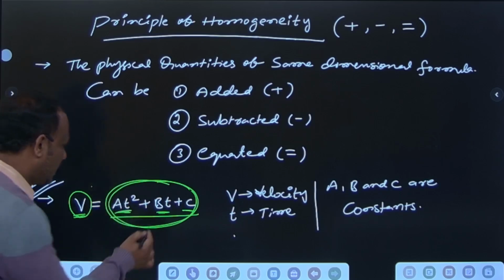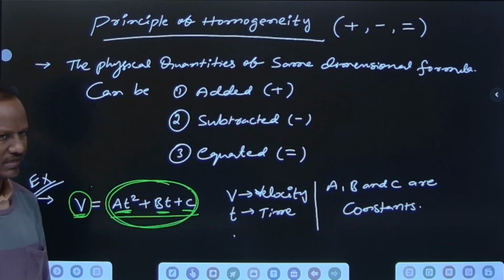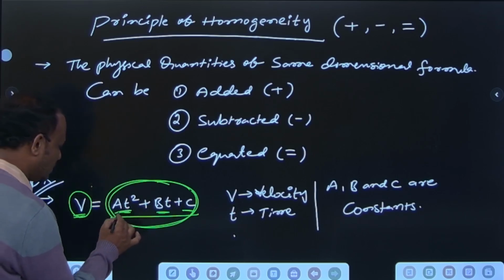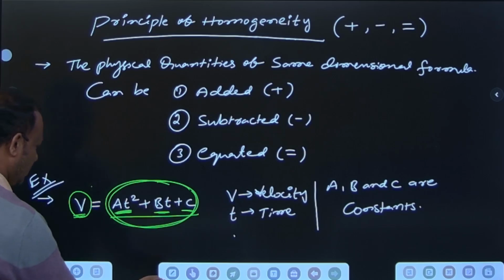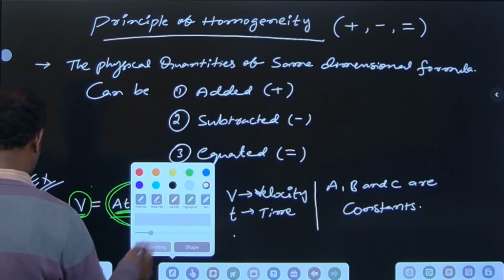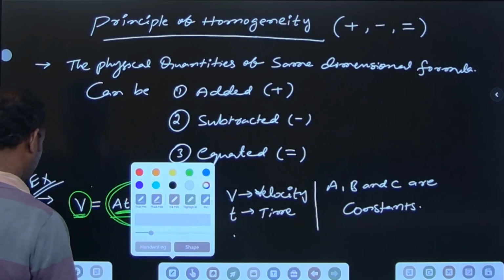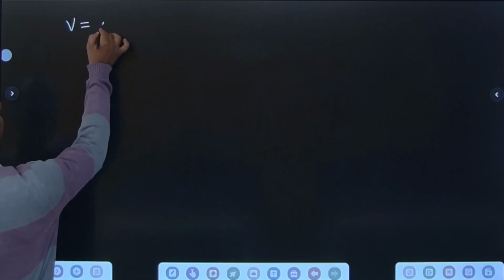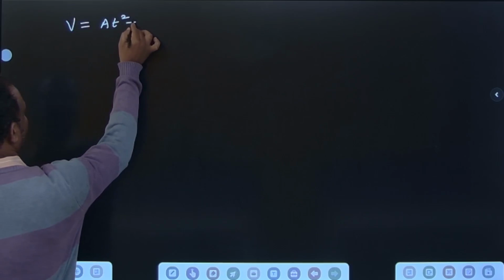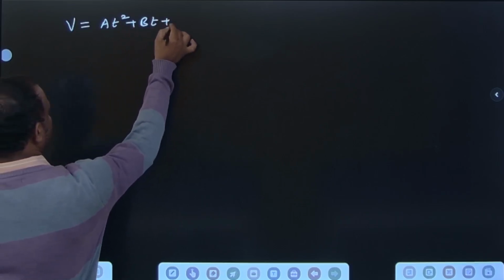Each term is added or subtracted, so each term will be a velocity. Now, v is equal to at square plus bt plus c.